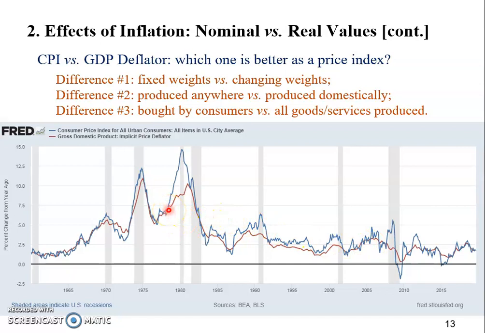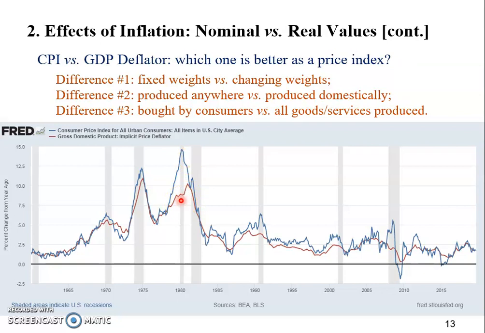Here I want to leave you with another question. You could find that, for example, in the 1970s and early 1980s, the CPI shoots up much higher than the GDP deflator, especially from the late 1970s to the early 1980s. In other words, if we're looking at inflation, the CPI will suggest a much higher inflation rate than the GDP deflator. Why?